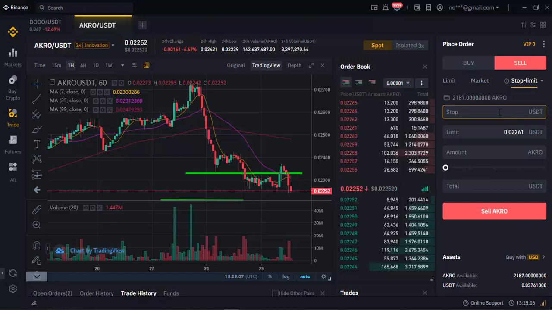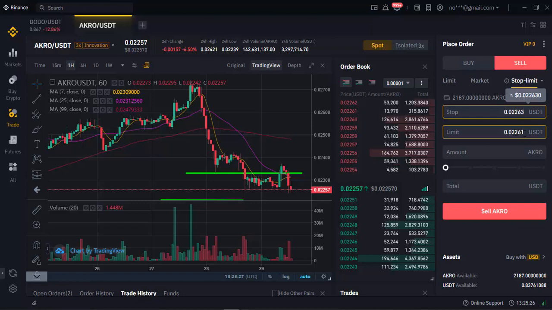So whenever it gets to a price of, this is the market price now. When it gets to a price of, let it just be, 0.02263 and 0.02261.